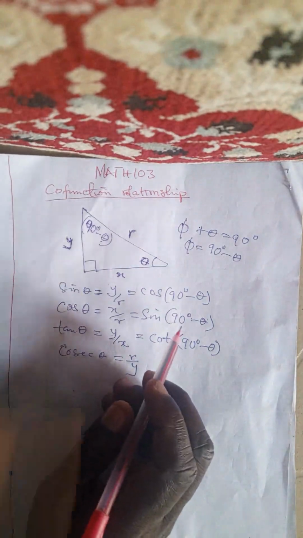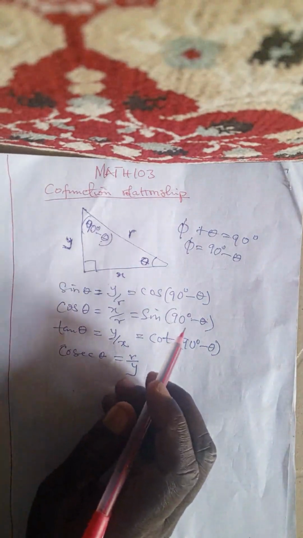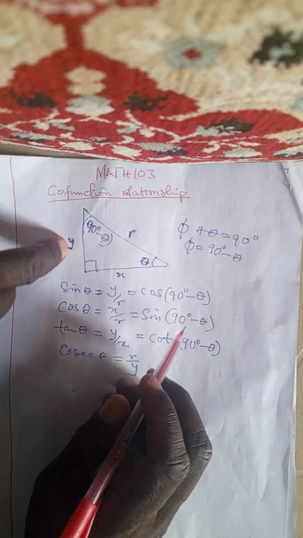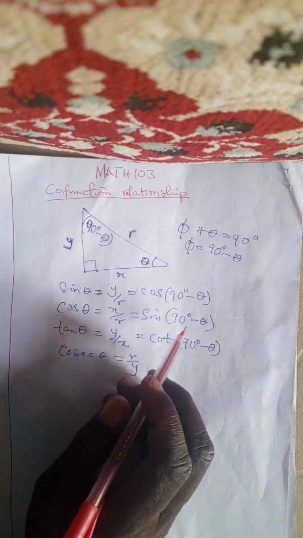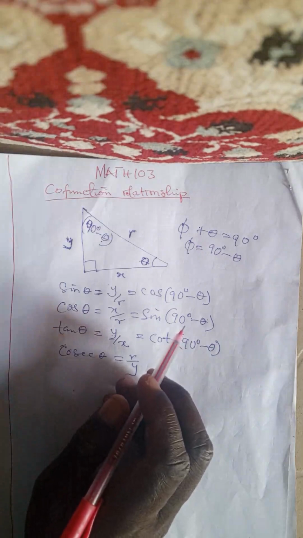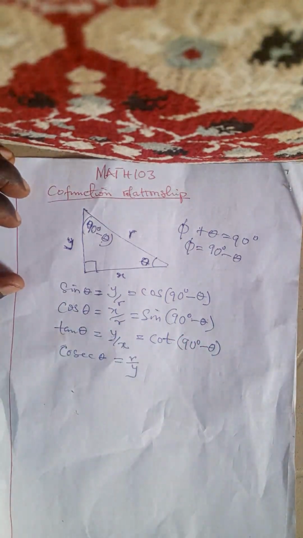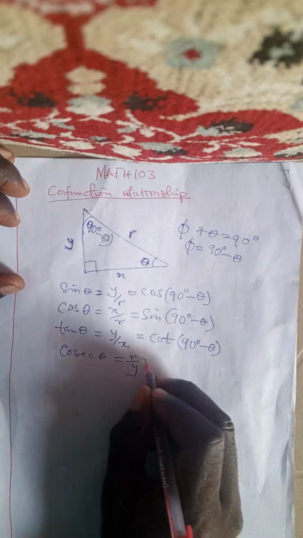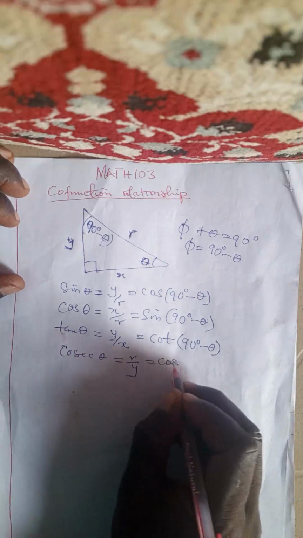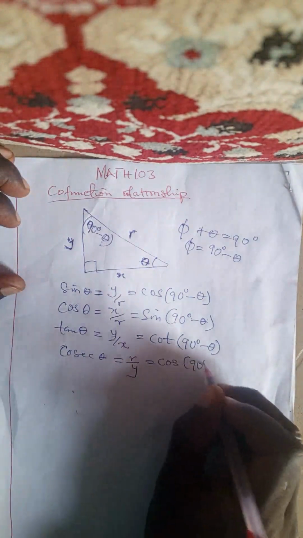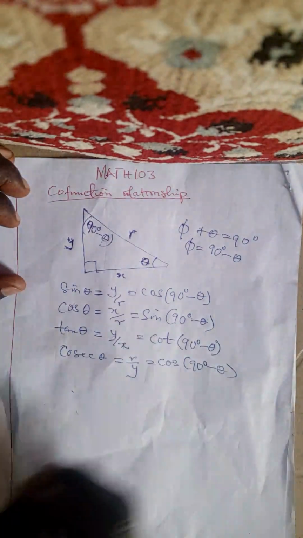This is adjacent over hypotenuse, but this is cos. So it is equal to cos of 90 degrees minus theta.